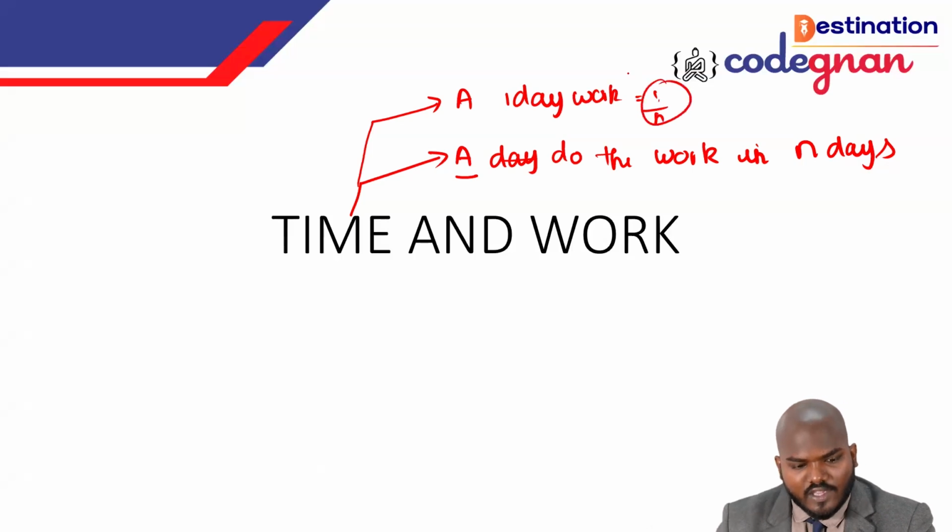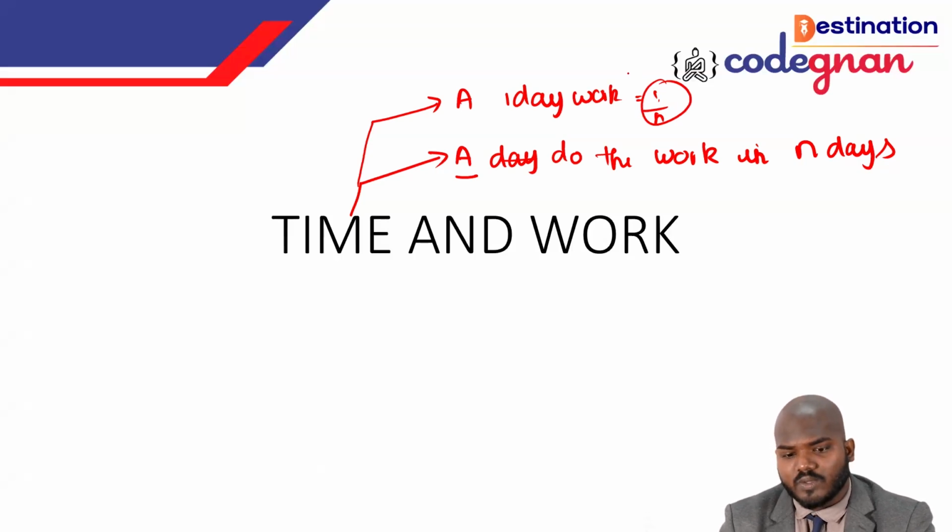This is the only basic formula that will come here. We don't have any specific formula in time and work, but everything is application oriented, based on this kind of category only.